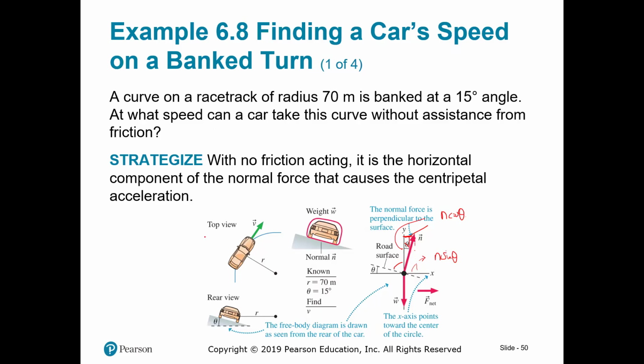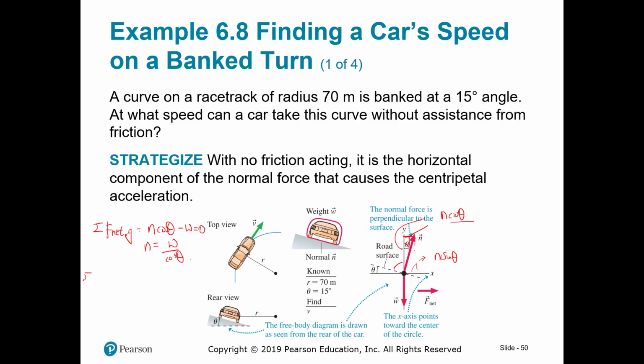So now again you can set two equations. The first equation is F net y, the vertical part: N cosine theta acting upward and W downward, and this is 0. So you see N is W over cosine theta, right?